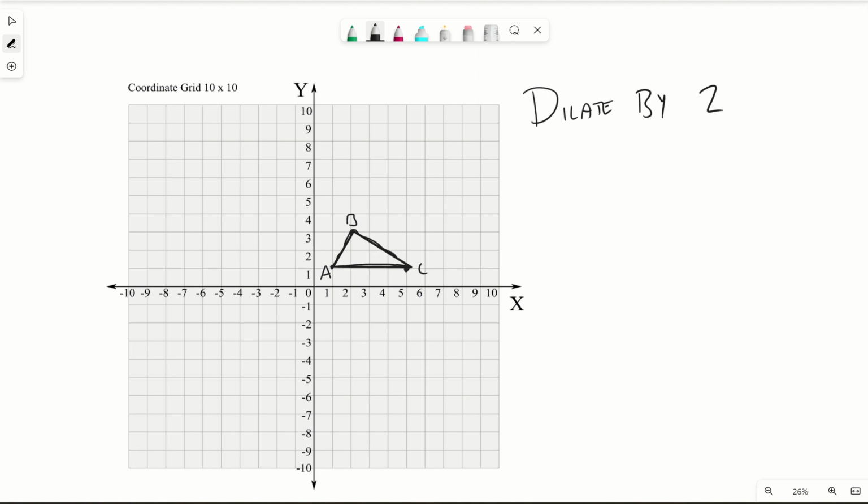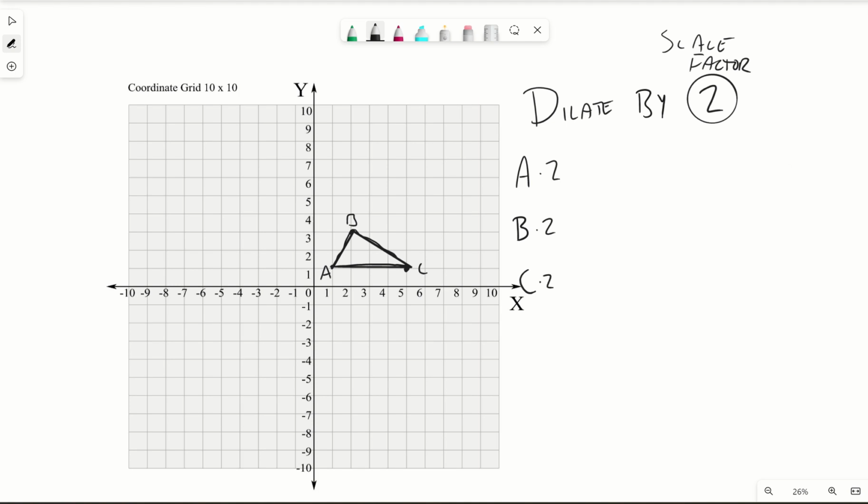I want to have a dilation of 2. This we call our scale factor. The scale factor tells us how much the shape grows or shrinks. So if I wanted to dilate this shape by 2, I want to take all my points of A, B, and C, and multiply each of those things by 2.